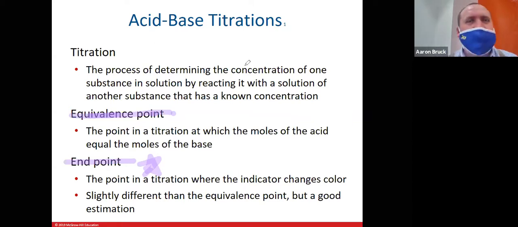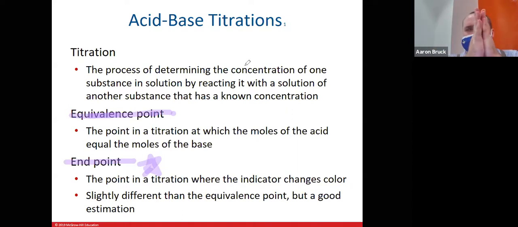Now, if you remember that lab where we combined the barium hydroxide and the sulfuric acid together, we had you do something to that. We didn't just have you dump them together. We had you add an indicator. The indicator in that case was something called phenolphthalein. You saw phenolphthalein in this week's lab as well. Phenolphthalein is colorless in acid solutions, bright pink in base solutions.